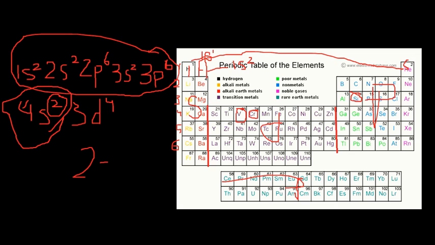There are only two special cases in the transition metals part. Since chromium is 3d4, if you write the orbitals with the spins, the d orbital has 5 boxes, 1, 2, 3, 4, 5, and you first fill out all of the up spins.